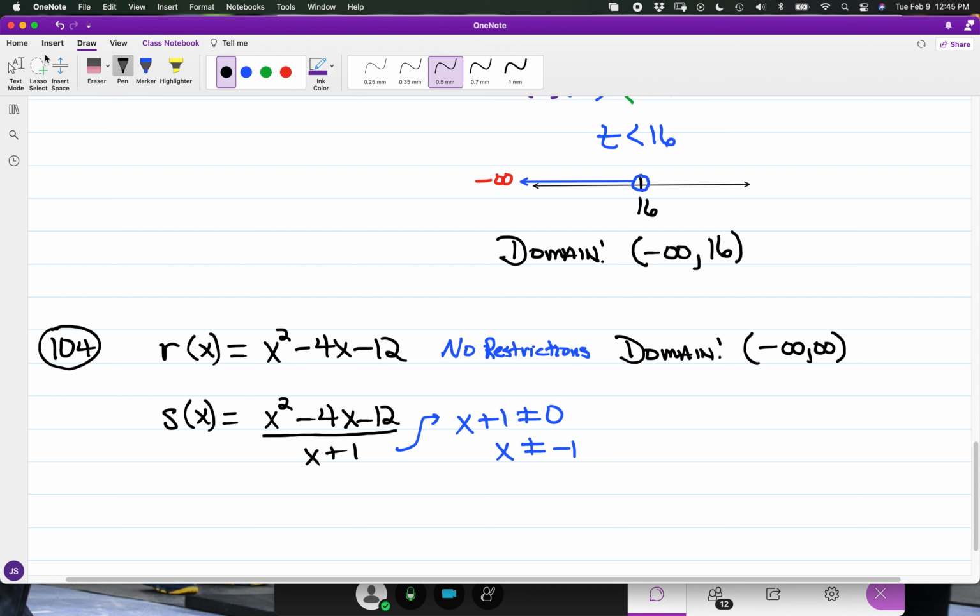Continuing to the left, approaching negative infinity, and to the right, approaching infinity.